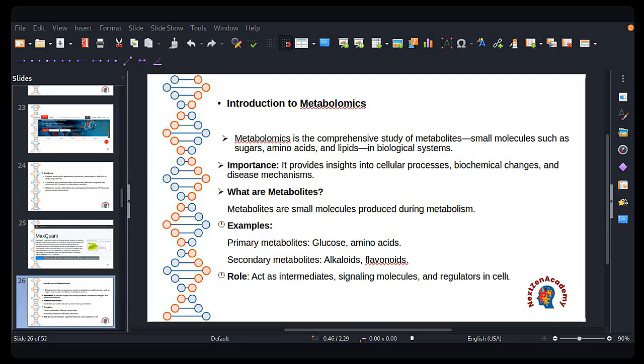Then we studied the protein-protein interactions, yeast two-hybrid system, right? Then what was the other technique? Co-immunoprecipitation, right? Then where is the use of proteomics to study the function of proteins in clinical function, right?